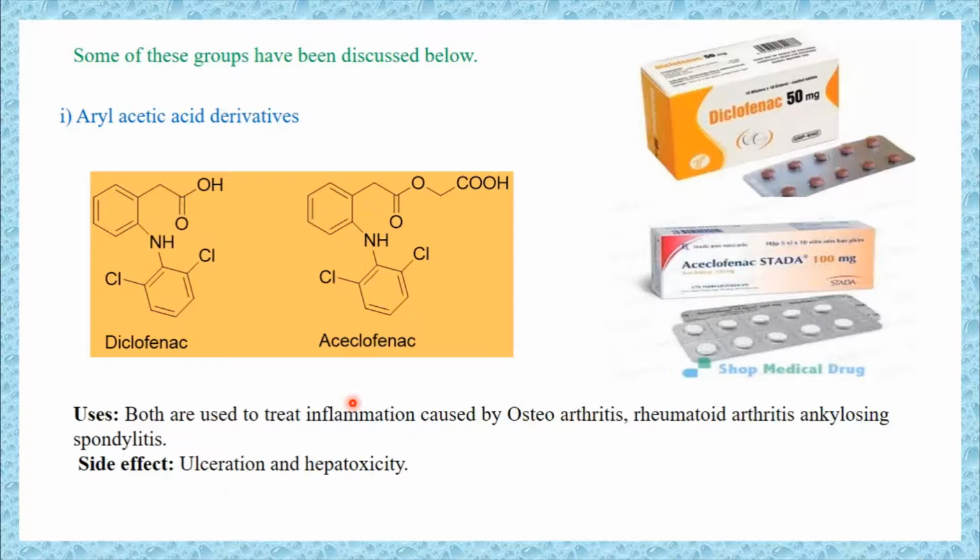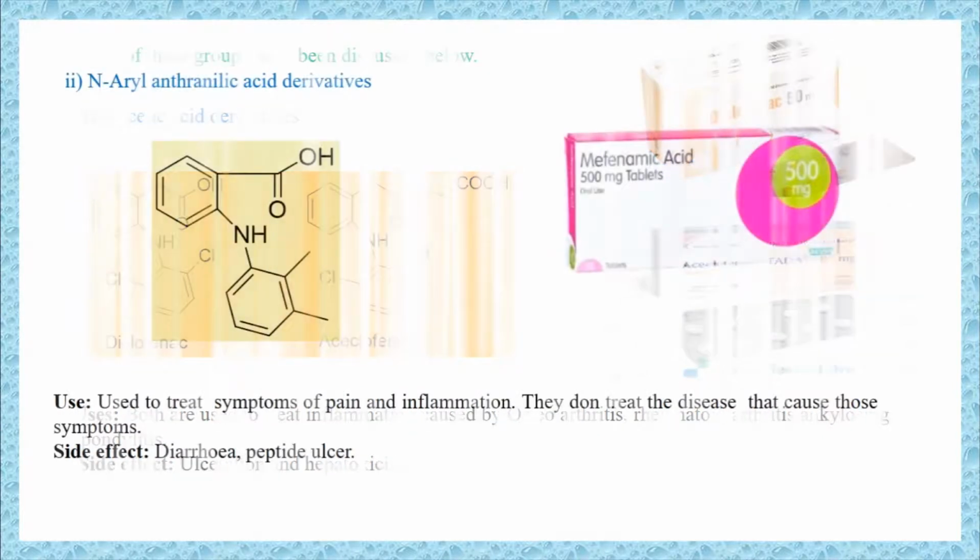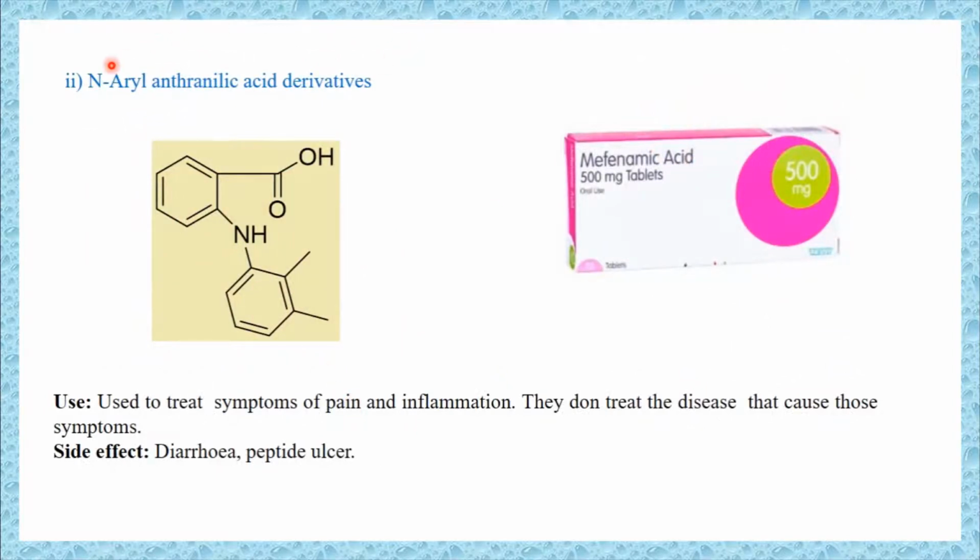Then the second class is N-aryl anthranilic acid derivatives. This is the structure of mefenamic acid.